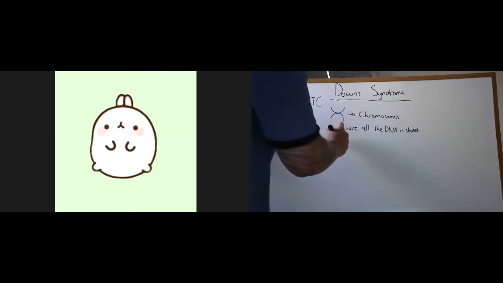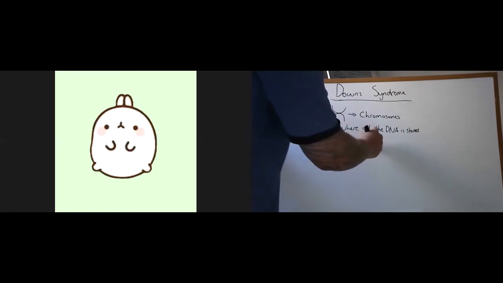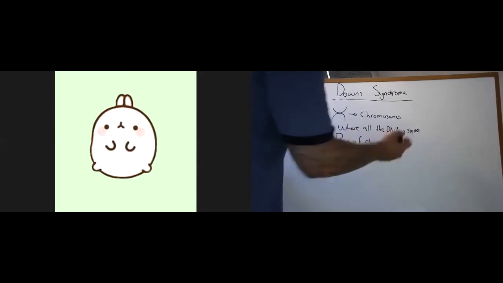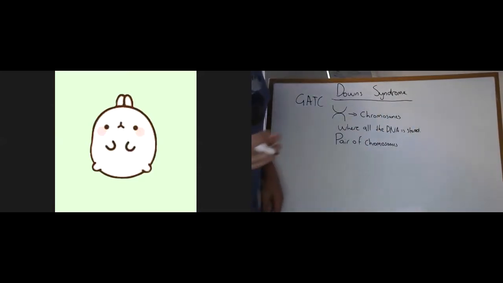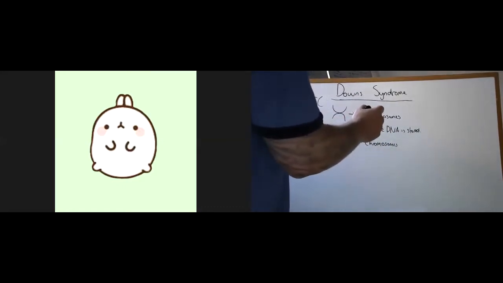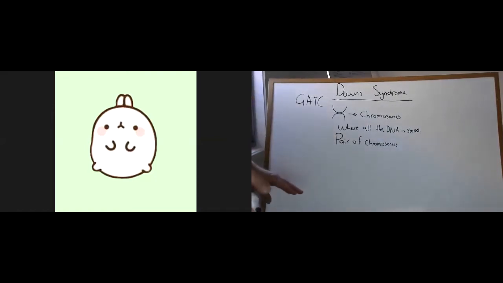And we have to have a pair of chromosomes: one from mum, one from dad. And if we don't have a pair of them, the chromosome doesn't work.